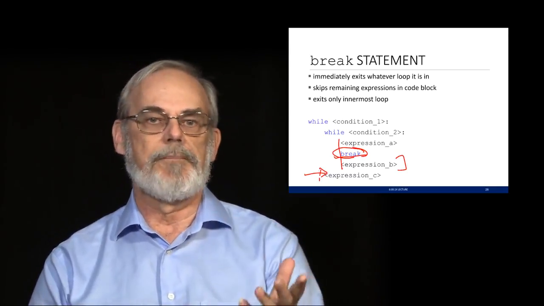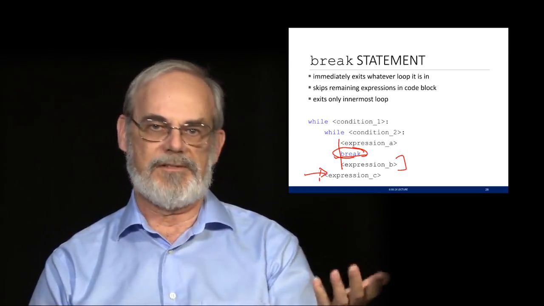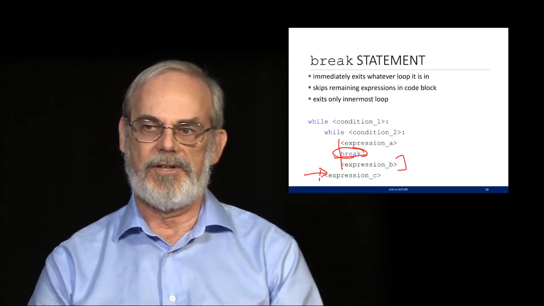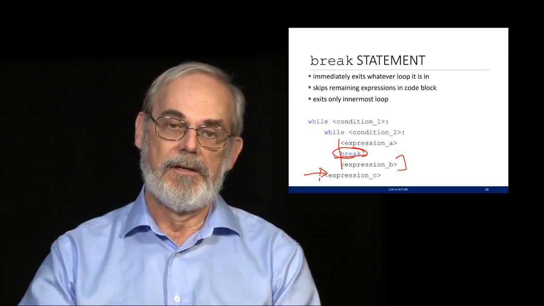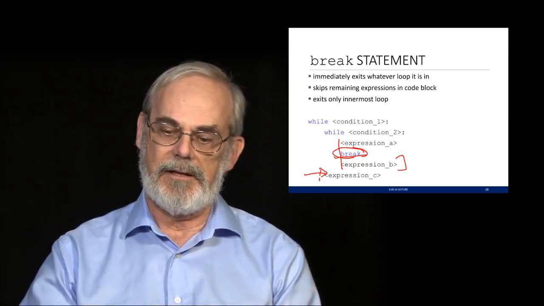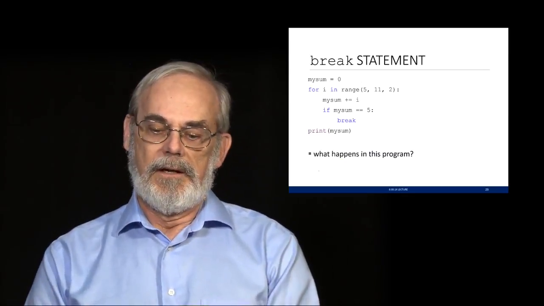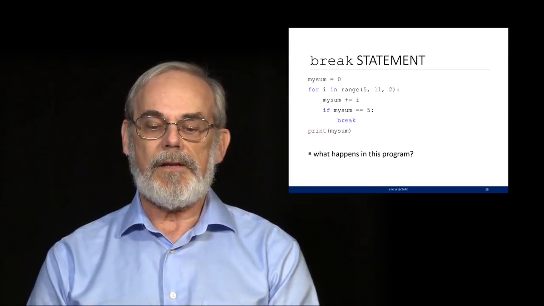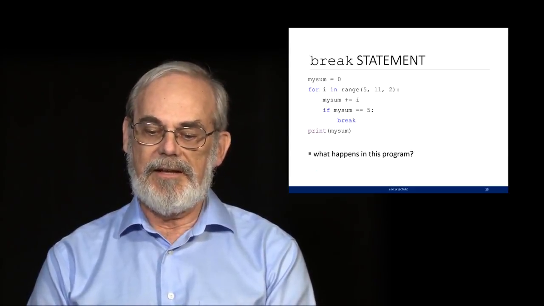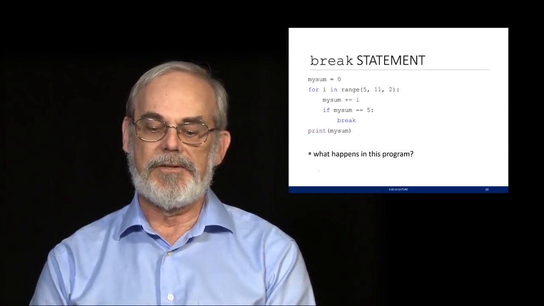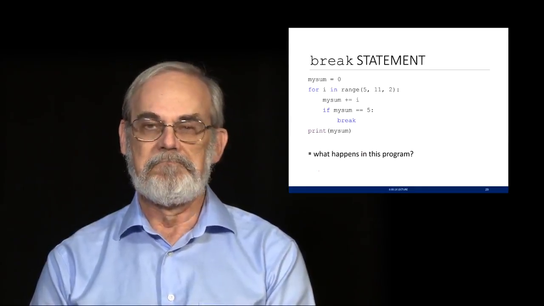That lets me control how I want to deal with loops. For example, I might see a particular condition is true, and based on that say, I don't want to do the rest of this, and jump out of it. I could write it as an if, but the break gives me a natural way to control where I am inside of that loop. And so there's an example. I could set my sum equal to 0. I could run over that range, but in this case, if it's equal to 5, I can just break out.